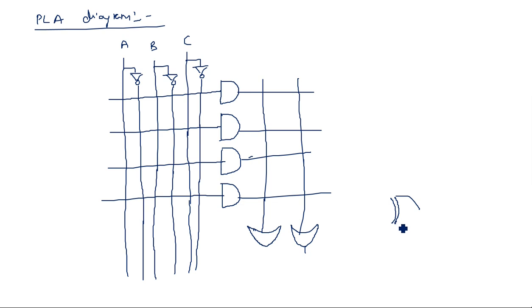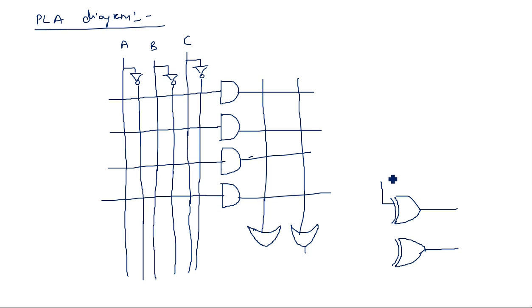This is an XOR gate to give you a true form as well as complement form. As we have considered one true form and one complement form, one XOR gate should be connected with 0 as one input, and one XOR gate should be connected with 1 as the other input.